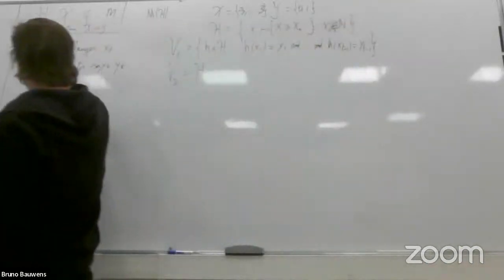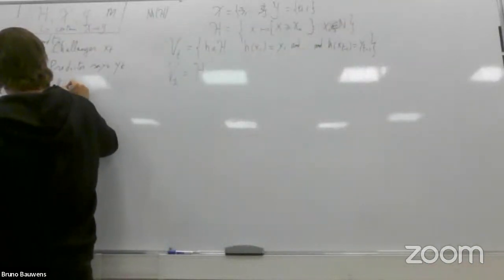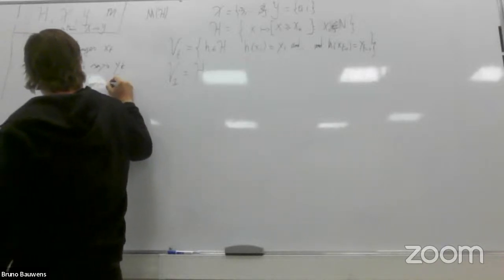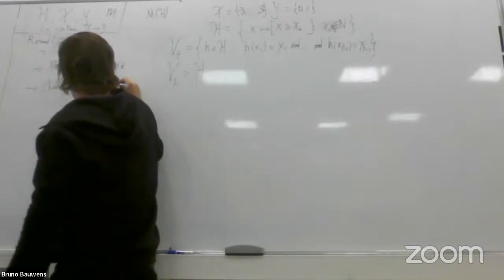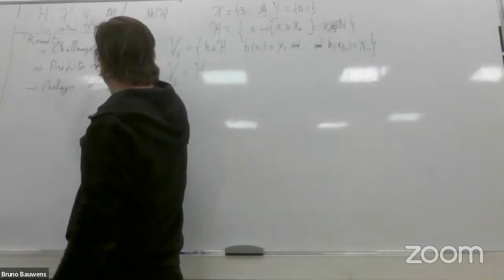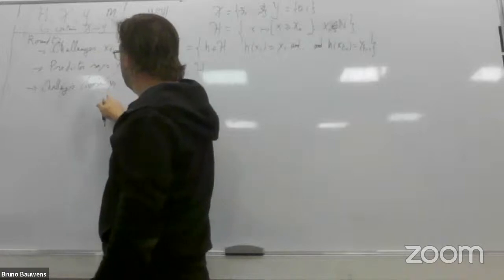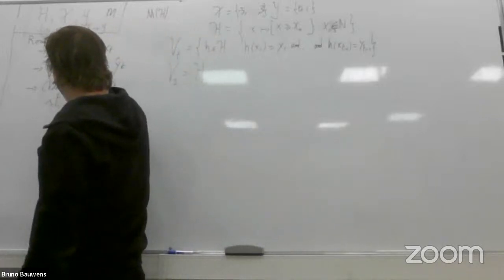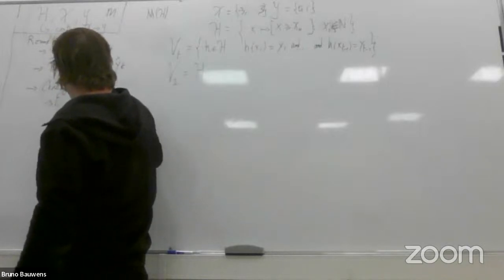Okay, and so here challenger chooses y_t such that the version space at t plus 1 is not empty.